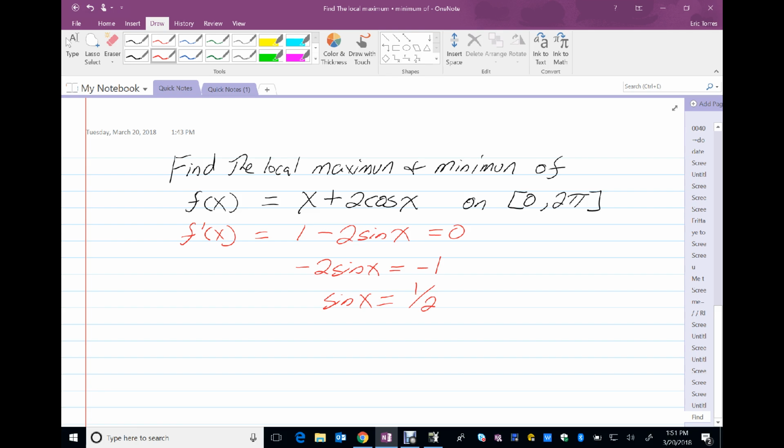So you should know that sine of x equals 1/2 when x equals pi over 6, and when x equals, let's see, 5 pi over 6.